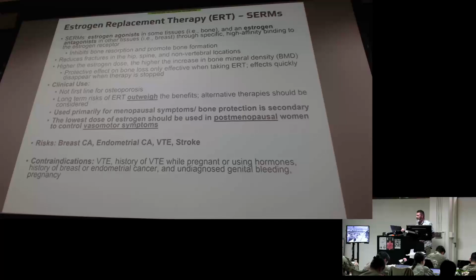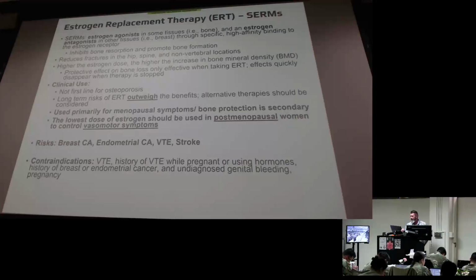So the SERMs are selective estrogen receptor modulators like raloxifene, which will be on the next slide, or Evista, so raloxifene is kind of the class representation. They are designed to provide the benefit to the bone without the risks of estrogen to the breast tissue and the uterine tissue, which is great, right?